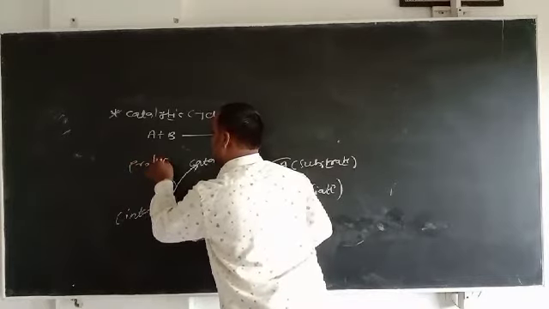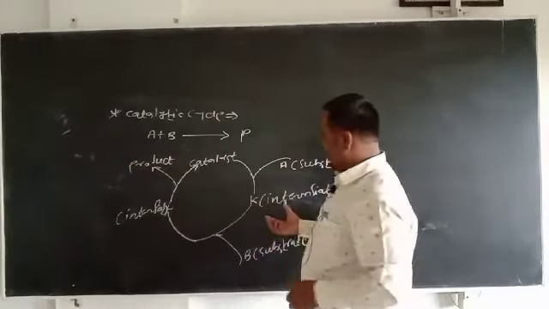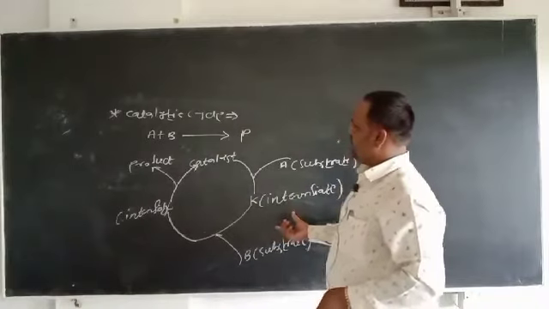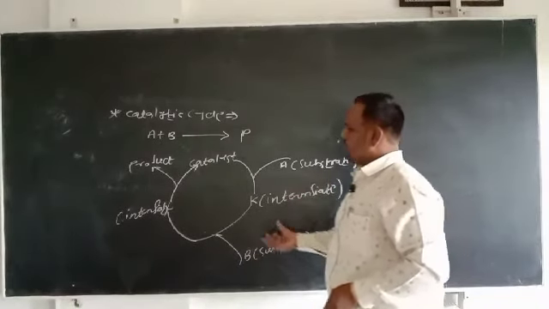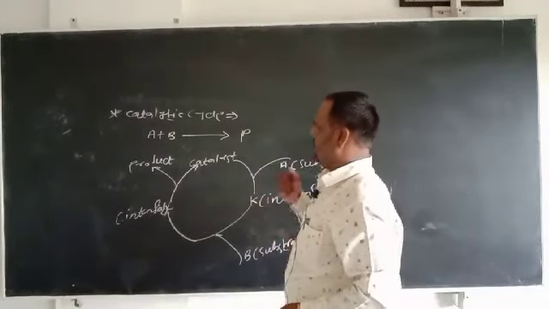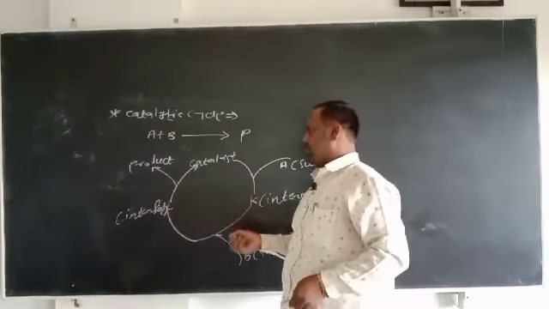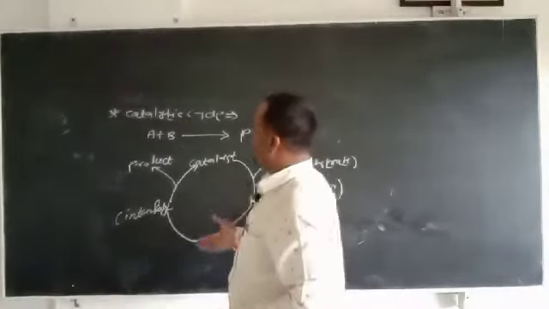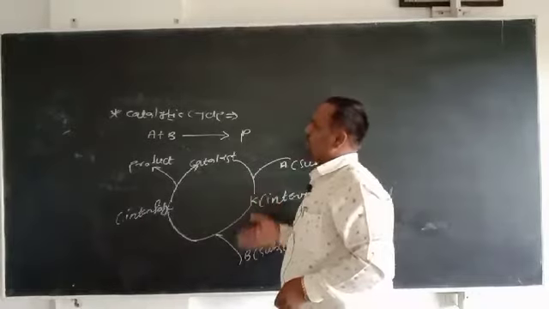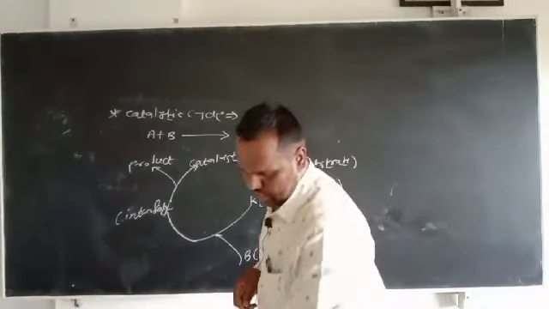So this is a catalytic cycle. The catalyst and intermediates are part of the catalytic cycle, but the substrate is not. The number of times the cycle is generated, the catalytic efficiency also increases.